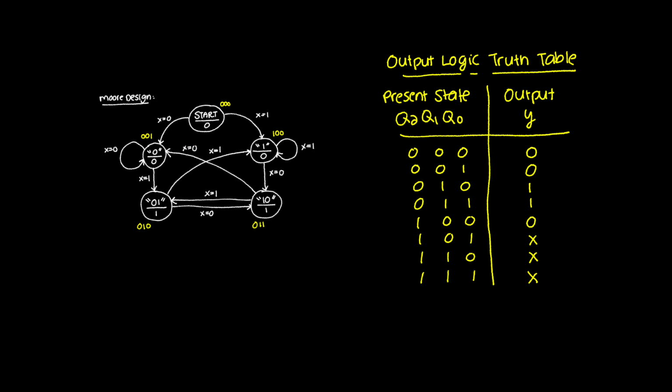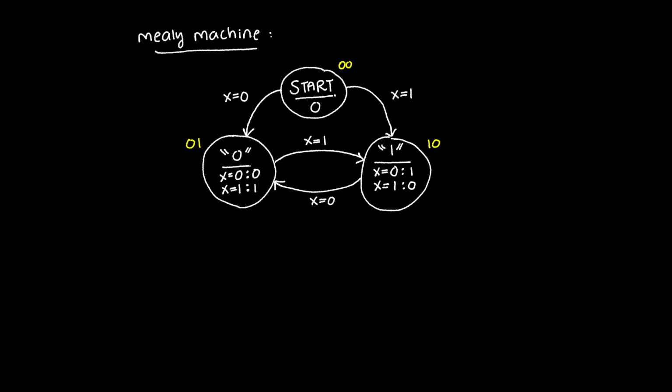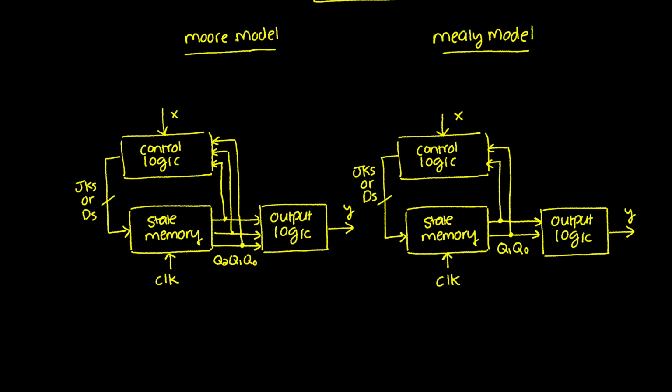You can see this from the output logic truth table, but I can also see this from my state transition diagram, where I'm looking inside the bubbles and at my outputs. I don't have any outputs that are conditional on my input. They're only dependent on what state I'm in. If I know what state I'm in, that is sufficient information to tell me what my output should be. But in the Mealy model, that was not the case.